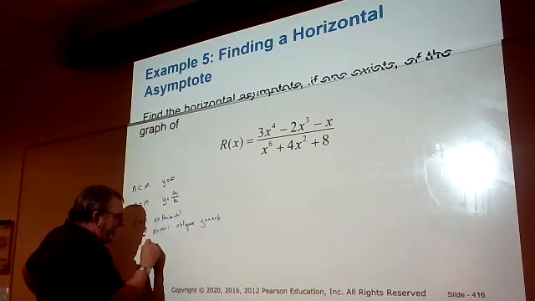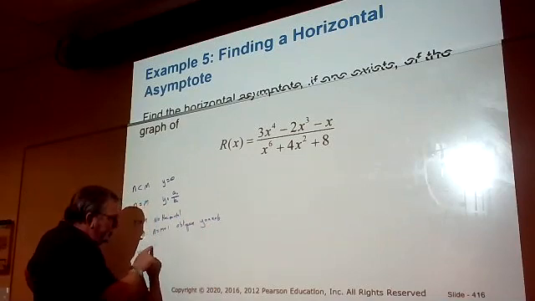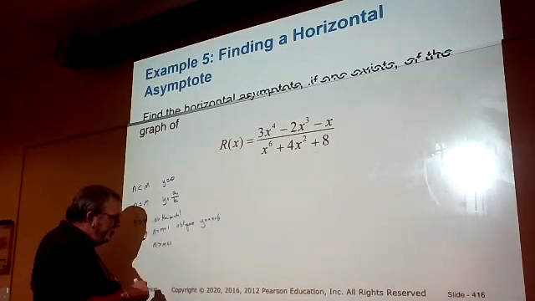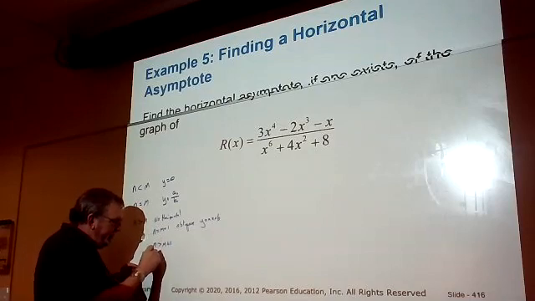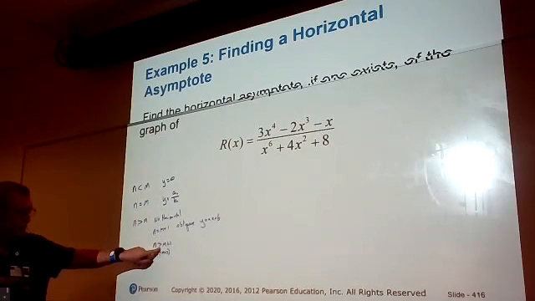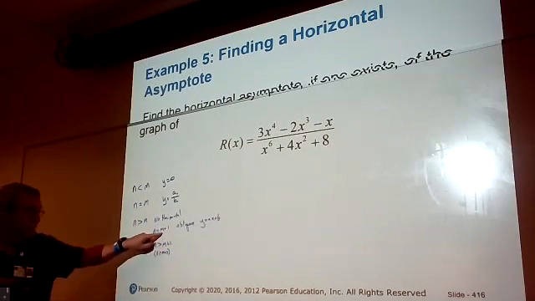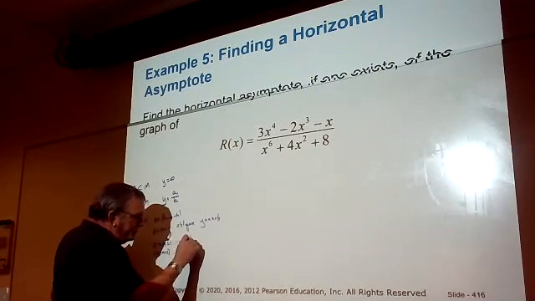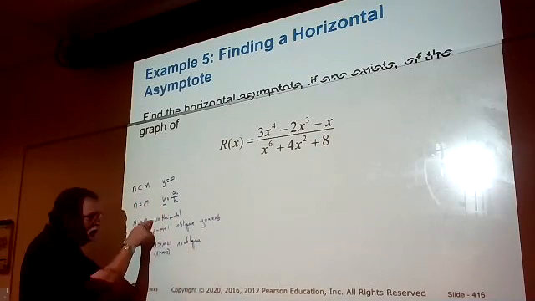And if n is greater than m plus 1, or the way they say it, n is greater than or equal to m plus 2, I like this way because it's pretty clear that it has to be greater than this, then you have no oblique. So you have no horizontal, no oblique.